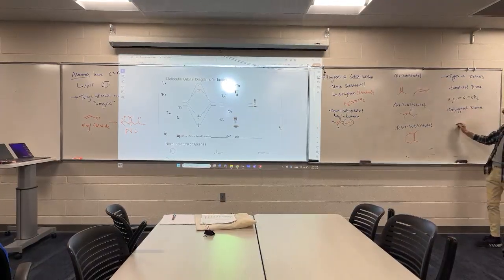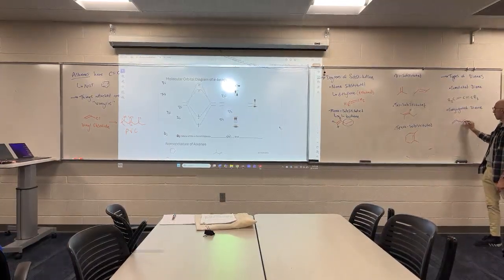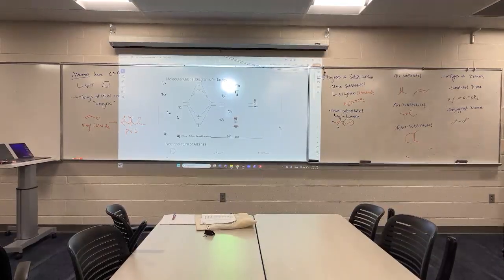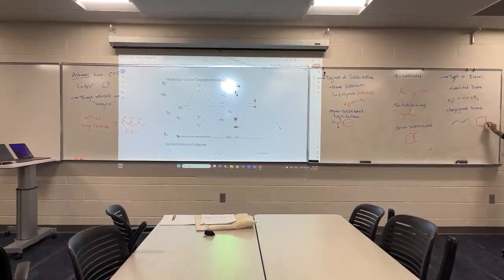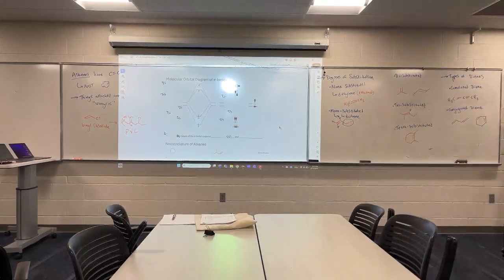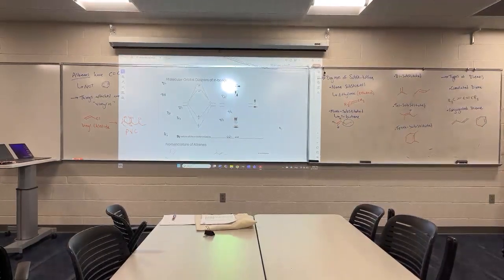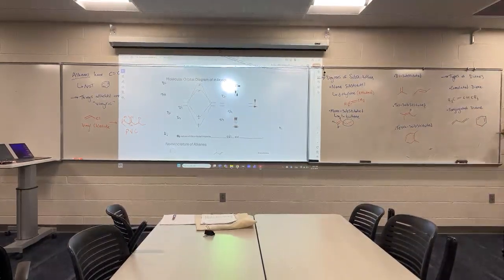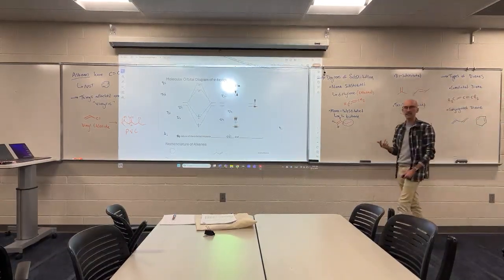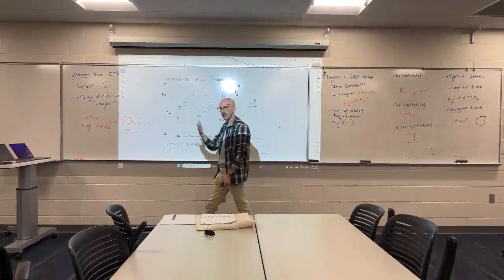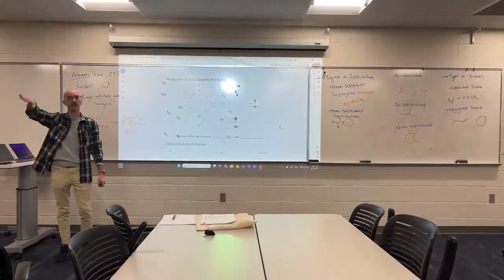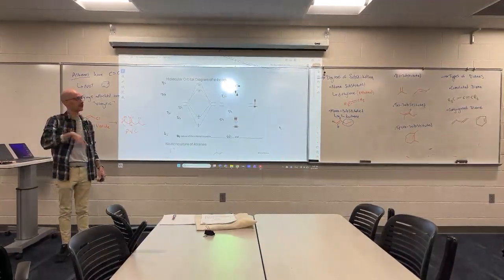That's conjugation. So this would be an example of a conjugated system. Here's another example of a conjugated system. Uninterrupted series of sp2 atoms means an uninterrupted series of p orbitals. Resonance is allowed through those systems.